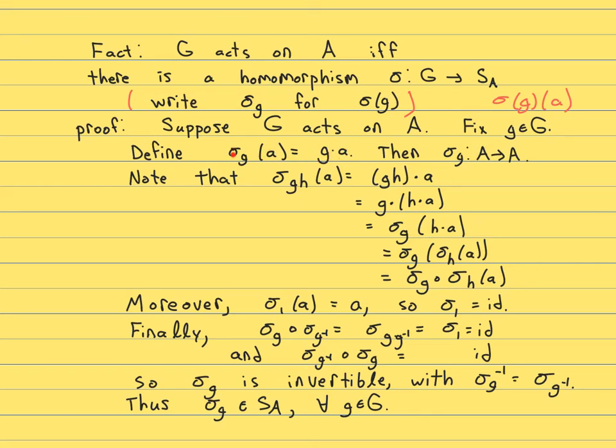So we see sigma sub G is in fact a function from A to A. And we've defined this for every single element of G, and so we have in fact defined a function from G to the functions from A to A, given by sending G to sigma sub G.